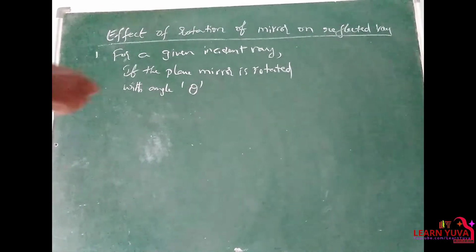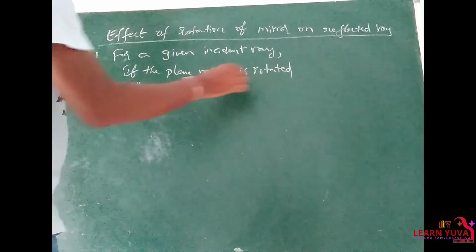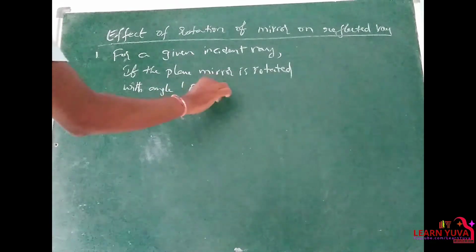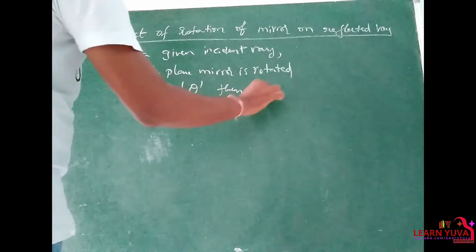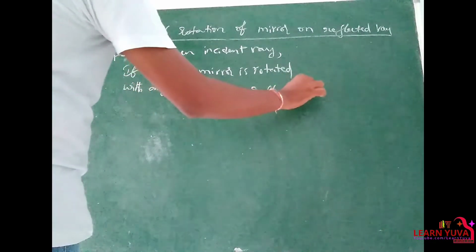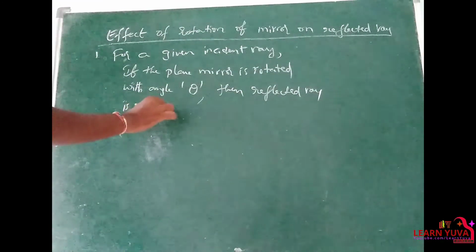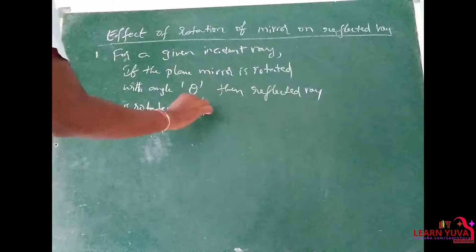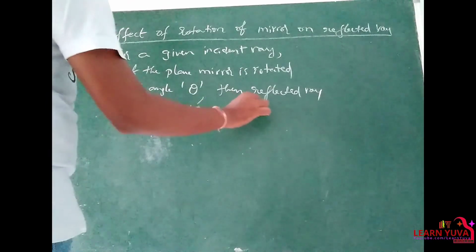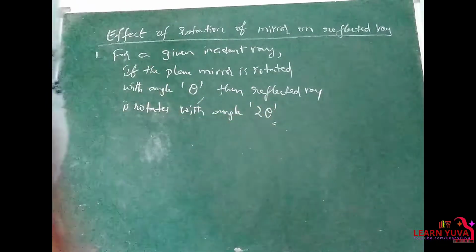Let's say the plane mirror is rotated with an angle theta, then the reflected ray rotates with an angle 2 theta.